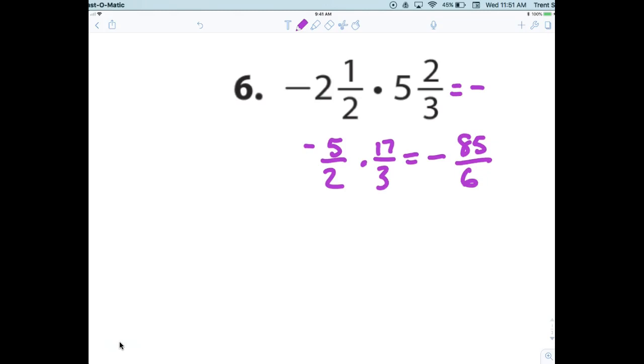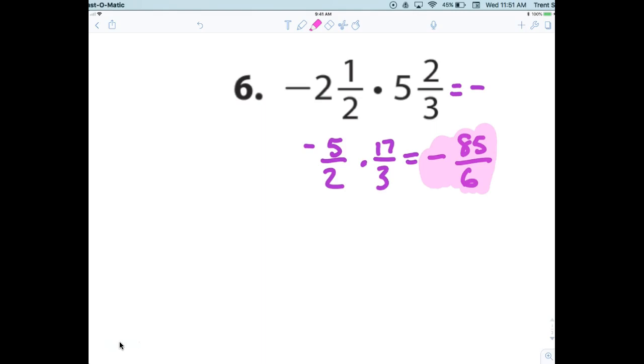Do I really feel like switching this into a mixed number? No, because that requires division. When you get to advanced math, which is what we're calling ourselves, this is an acceptable answer, negative 85 over 6.